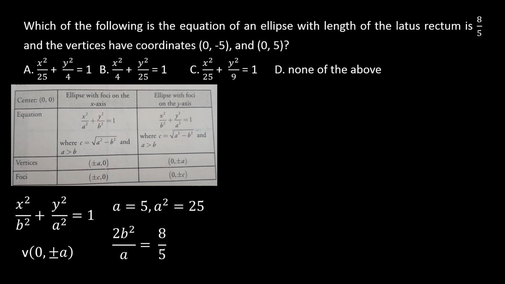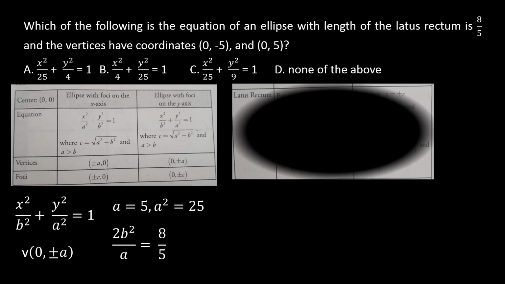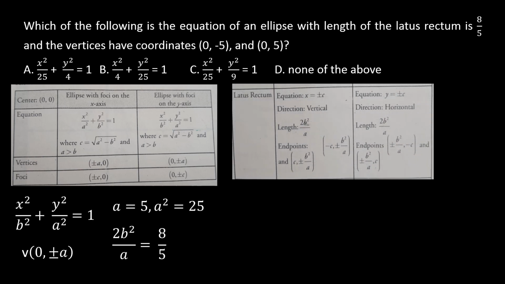Remember that our value of a is 5, so instead of writing a, we have 2b squared over 5 equal to 8 over 5. Then simplifying, 2b squared is equal to 8. Dividing both sides by 2, b squared is equal to 4.